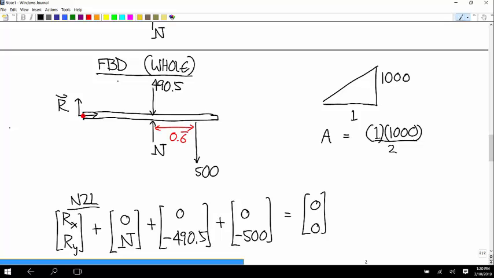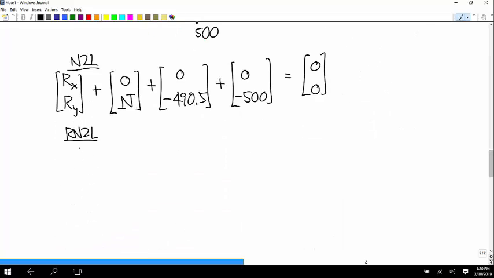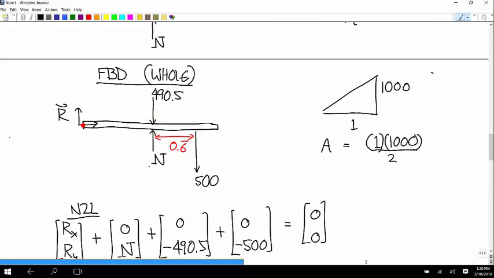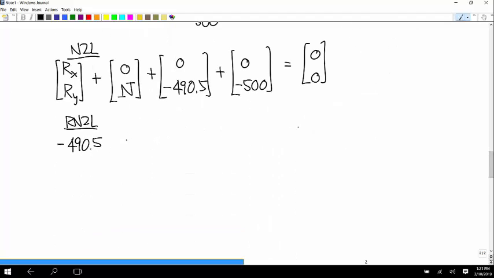Clockwise, so it's going to be negative 1 times 490.5. And then we have the normal force. It also has a moment arm of 1. Would that produce a clockwise or counterclockwise moment? Counterclockwise, so that's going to be positive 1 times N.